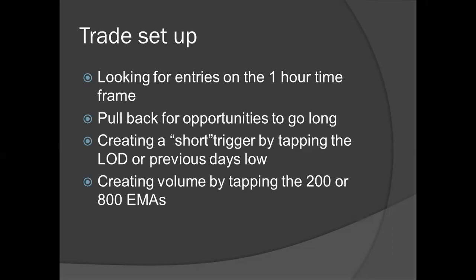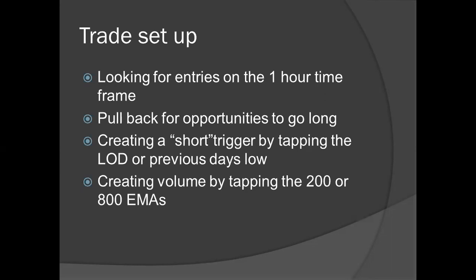Right, now by creating volume by tapping the 200 EMA or 800 EMAs, the moving averages are used as a sort of support and resistance as well, especially when it comes to automated trading. So when the 200 EMA is violated to the downside, people will go short, right, because they see that as a support there.